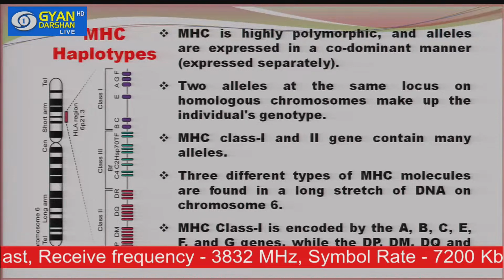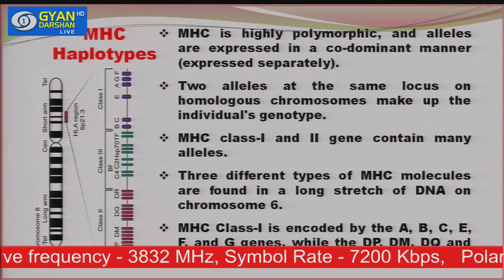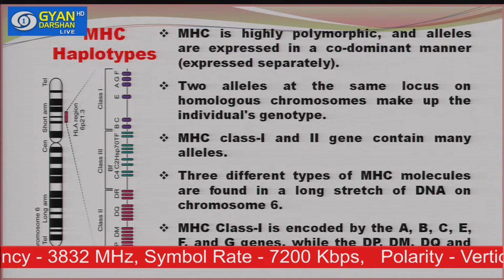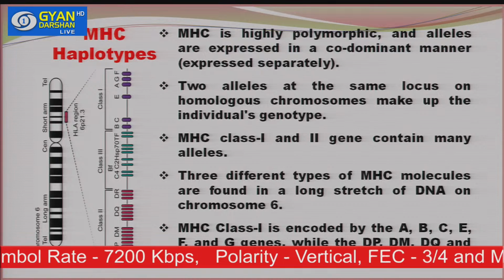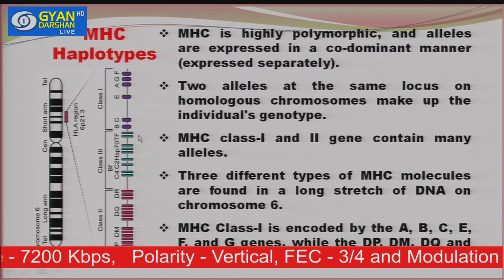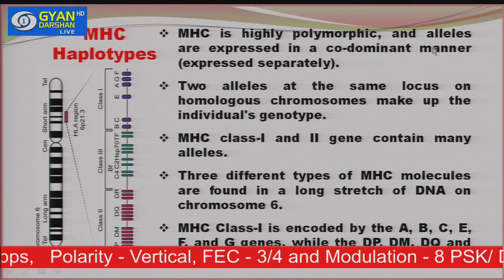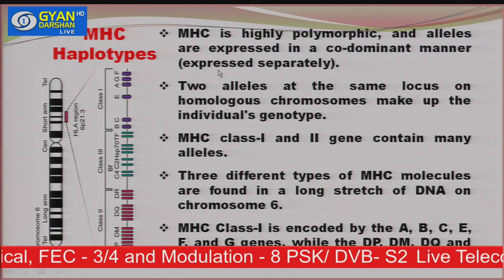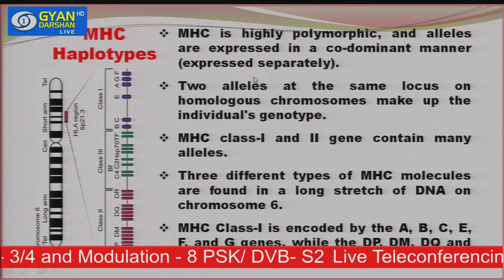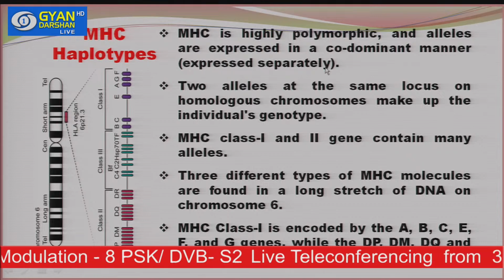Another thing I want to discuss is the MHC haplotype. It is highly polymorphic, as I have already discussed. The MHC is highly polymorphic and the alleles are expressed in a codominant manner, expressed separately. Codominant means the alleles are genes which are expressed separately.